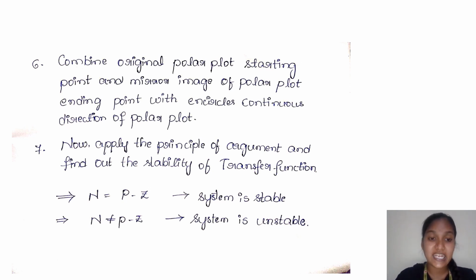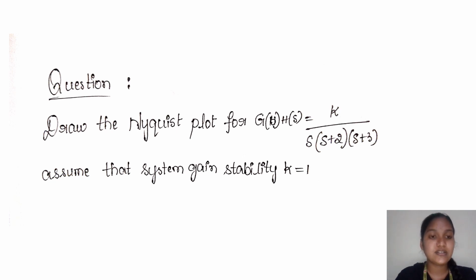If N equals P minus Z, then the system is said to be stable. If N is not equal to P minus Z, the system is said to be unstable.